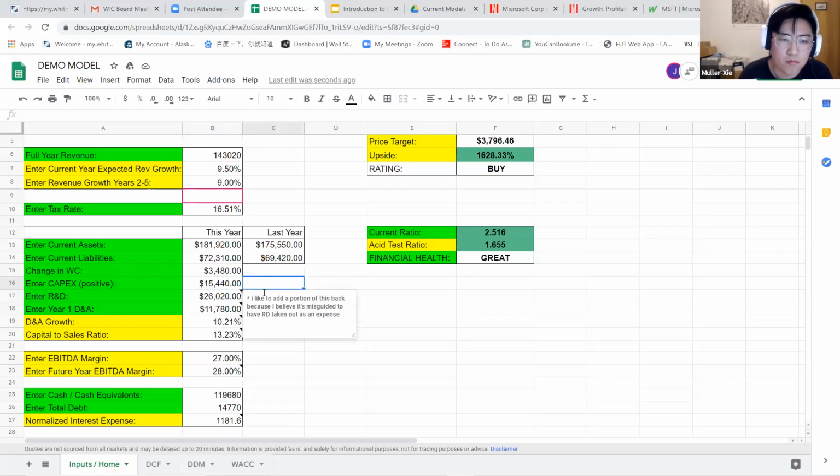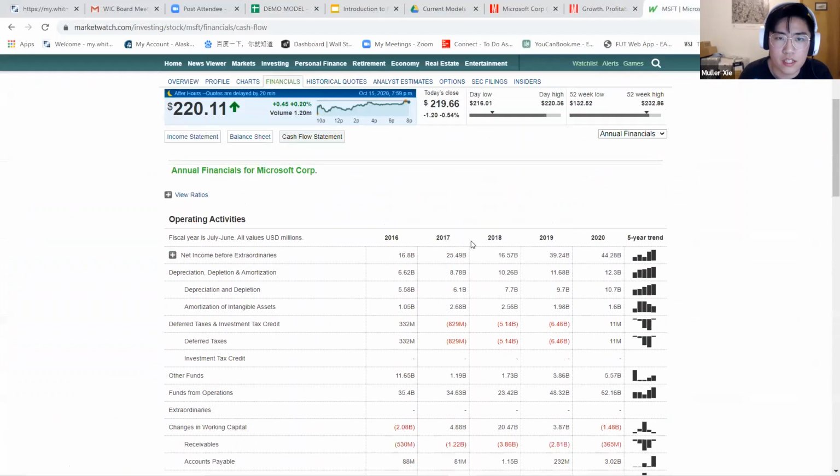Next one is research and development expense. Basically, every company has its own research and development expense. Some companies may not list it in their financial statements, but it does not mean they do not have it. It means they might include it in their capital expenditures.